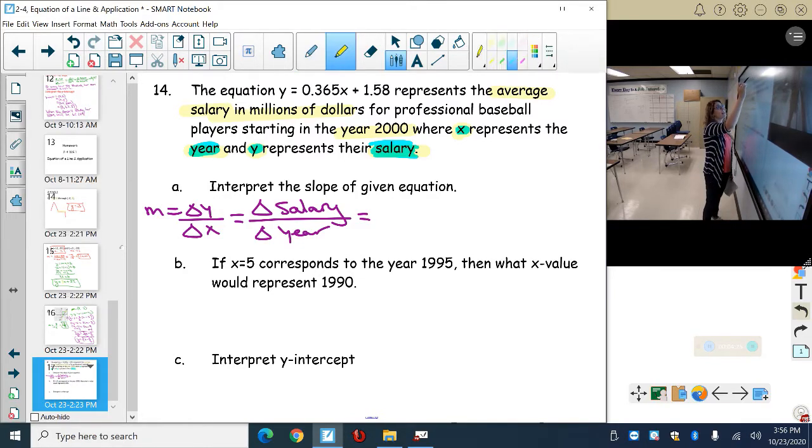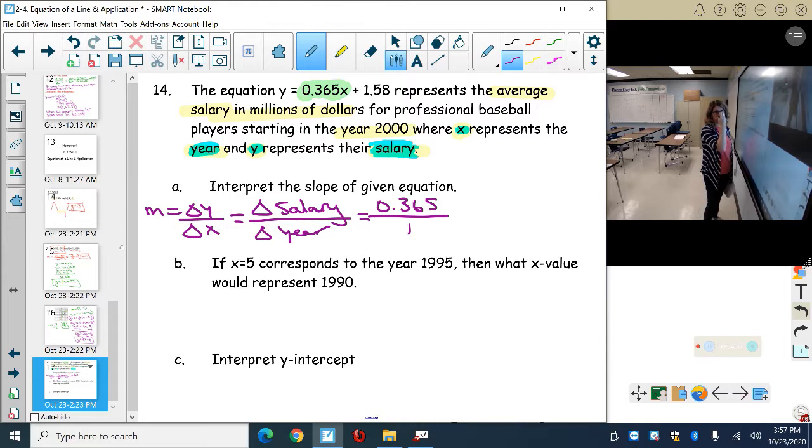So I go and I take this number right here that's attached to the X. So that's 0.365 over 1. We need to remember that this is in millions, okay? So that means 0.365 over 1. That's 0.365 is their salary every year. So what does that mean? It's positive.